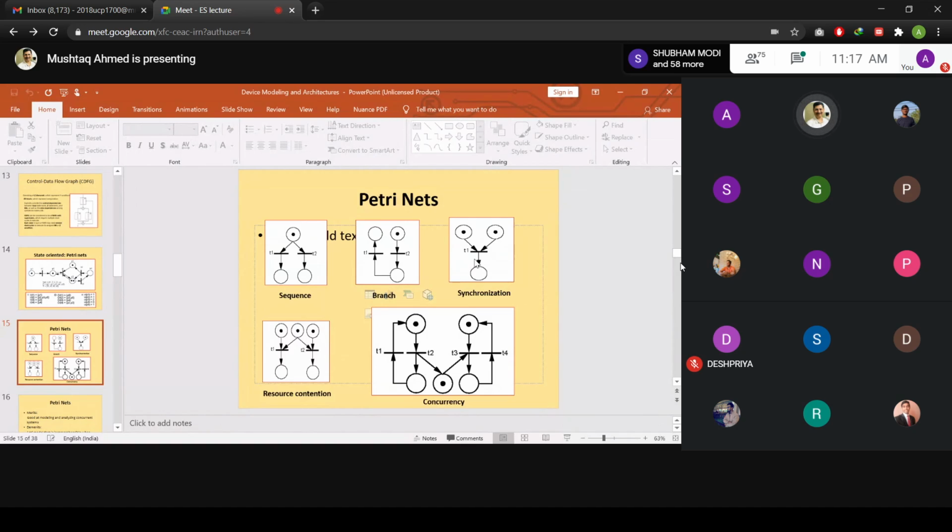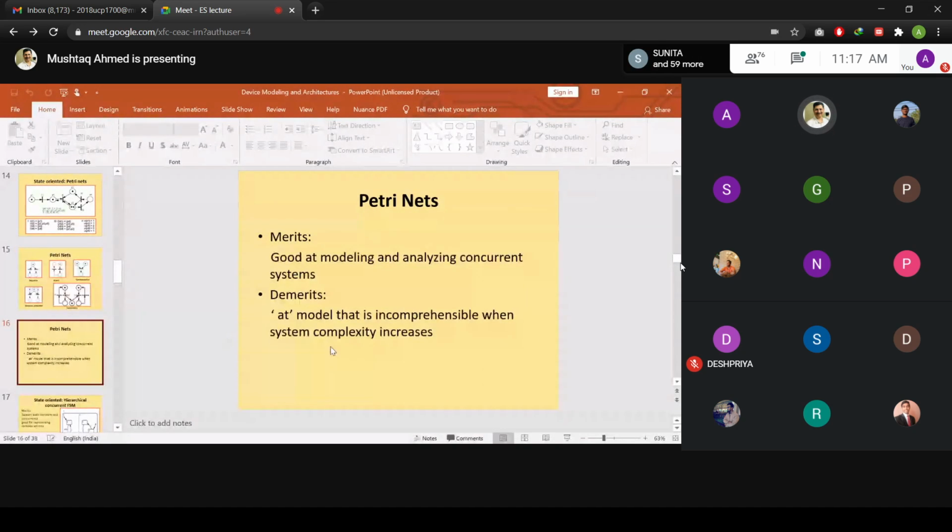Once that operation takes place, it again allows the triggerings to be enabled, and this makes another transition which can be operated concurrently. There are various challenges pertaining to this, as it requires comprehensive information and the complexity of the operations to be depicted in the form of this Petri net.